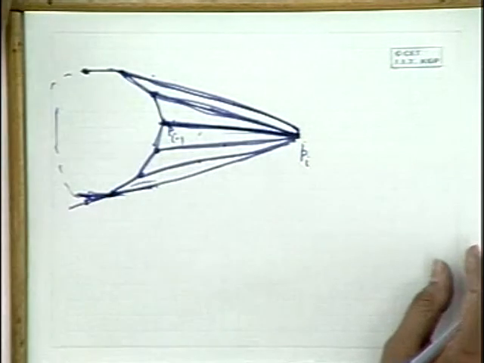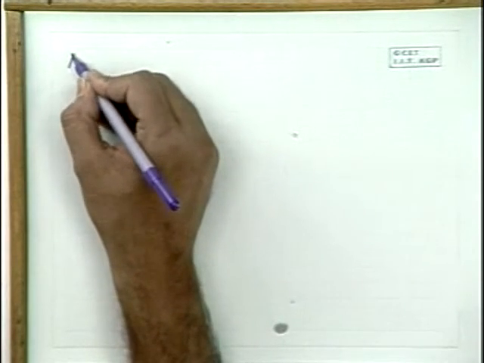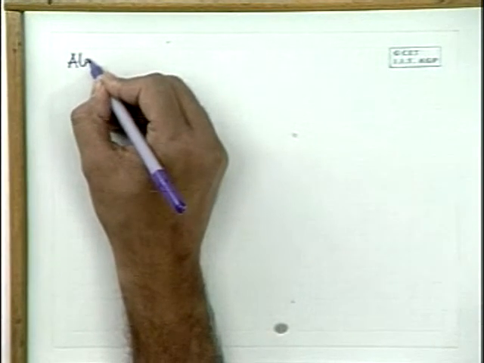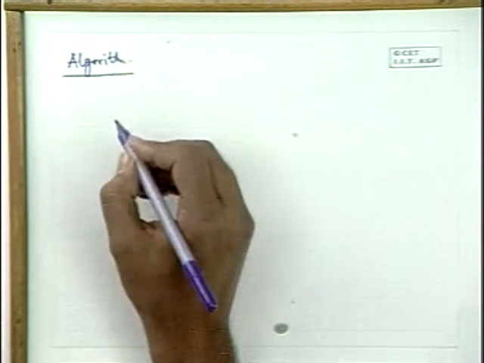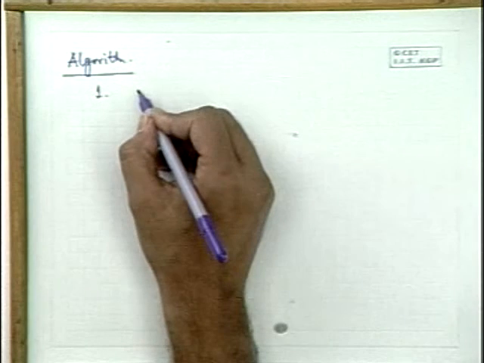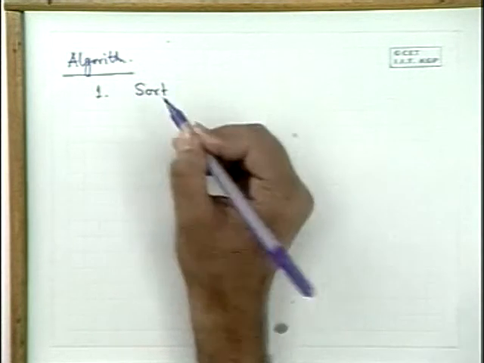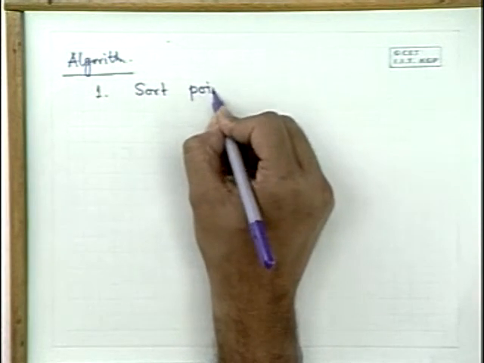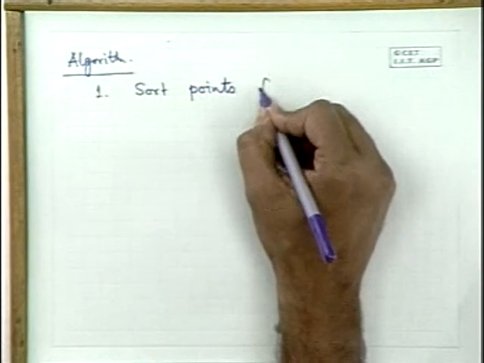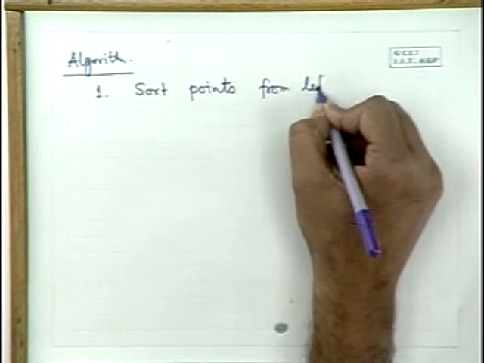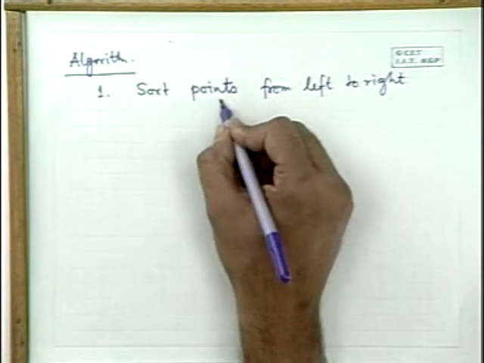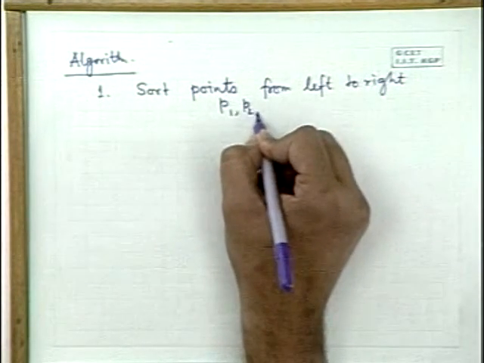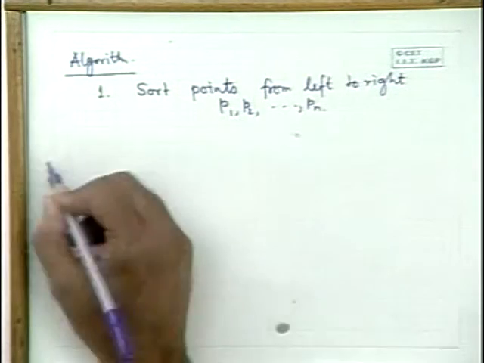Now let me first tell you the pseudocode for this algorithm. Then I will explain how to compute the left turn and right turn. So this is the pseudocode. First step: sort points from left to right, which gives P1, P2 up to Pn.